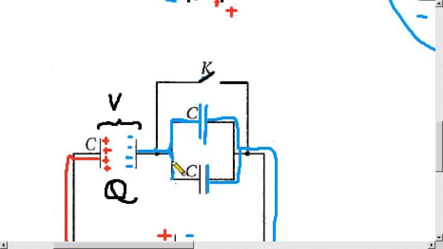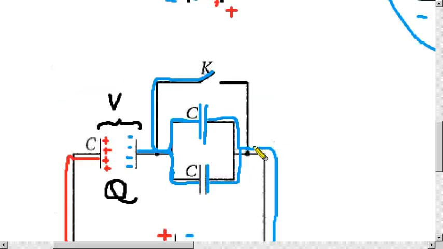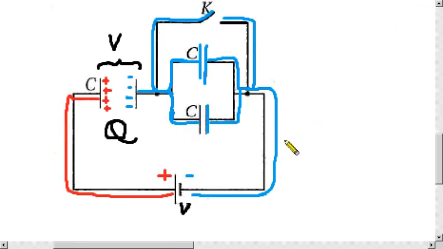That negative plate is connected to the left plate of both these capacitors. So up to this level that negative voltage is there, like this, and also this negative voltage up to this level is there. So what has happened?